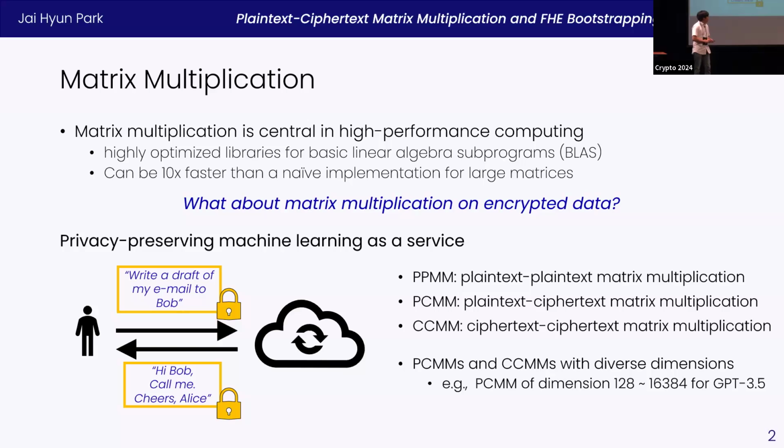I want to mention that when we are considering large language models, various dimensional PCMMs and CCMMs appear in diverse steps. For example, in GPT, at some stage we should address PCMM of dimension from 128 to more than 16,000.